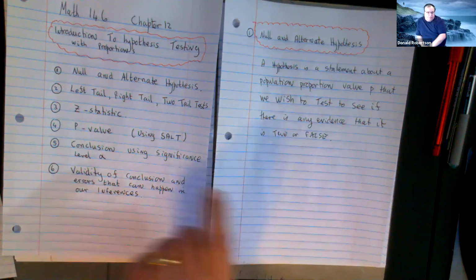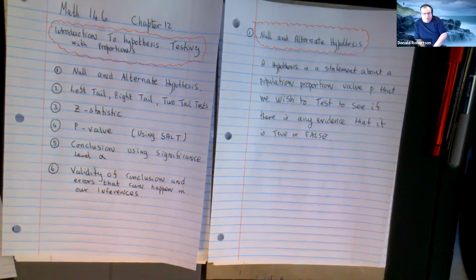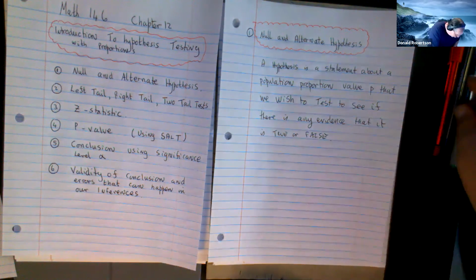Then conclusions about your hypothesis test. Essentially, conclusions are there's enough evidence to prove what you were looking for, or there's not enough evidence to prove what you're looking for. So we're going to look at the conclusion, and it's based on a number called the significance level, and that significance level number is called alpha.